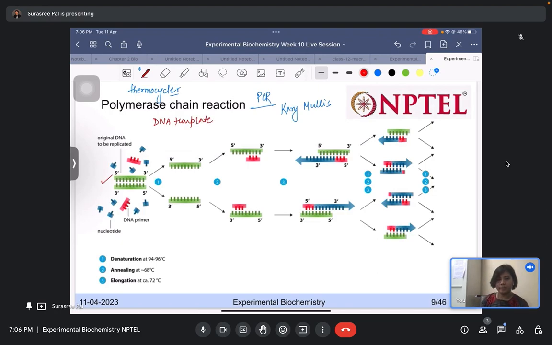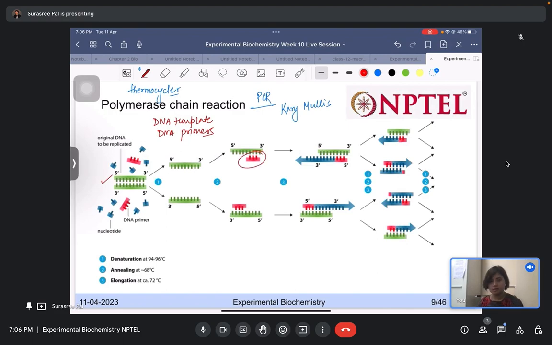Now, this DNA template can be amplified by the presence of primers.